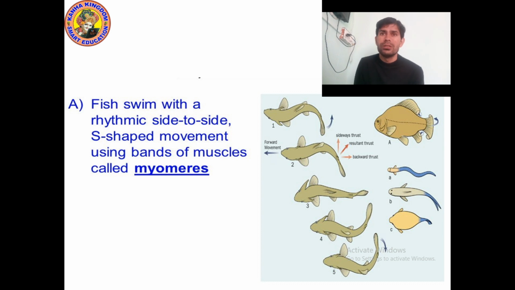Whenever the fish moves using the fins, it also uses its body wall to push against the incompressible water, so it bends the muscle, which helps the fish to swim easily in the water.